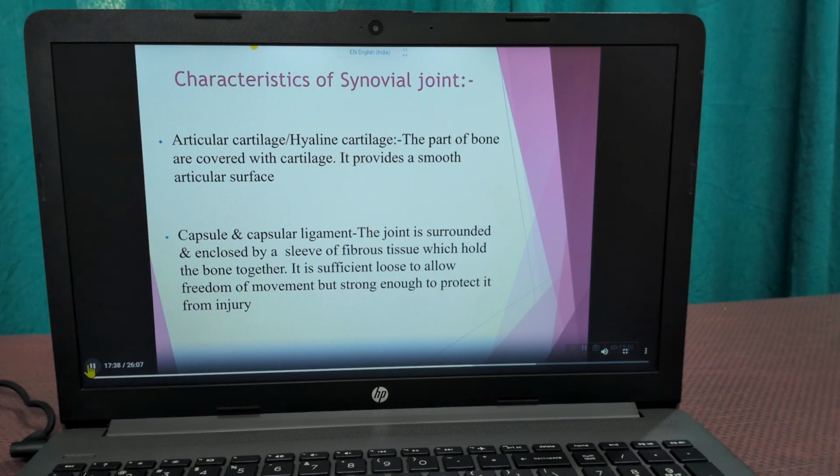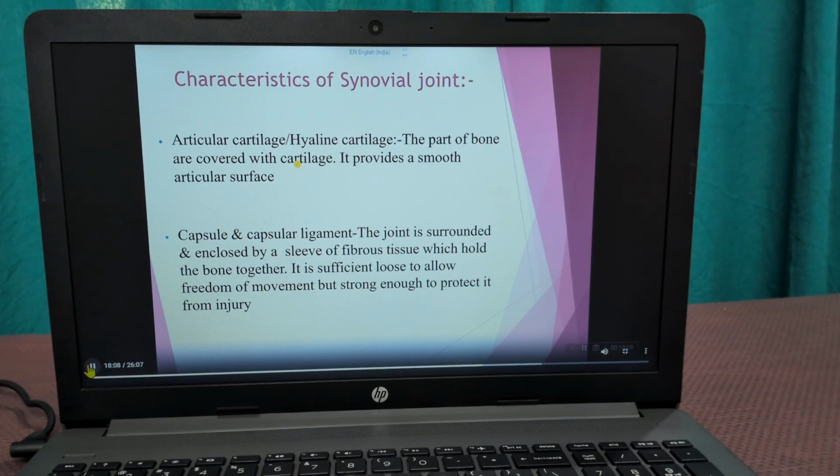So let's discuss the characteristics of the synovial joint. These general characteristics make the synovial joint unique. First is the articular cartilage, which is hyaline cartilage. The parts of the bones that form synovial joints are covered with cartilage.